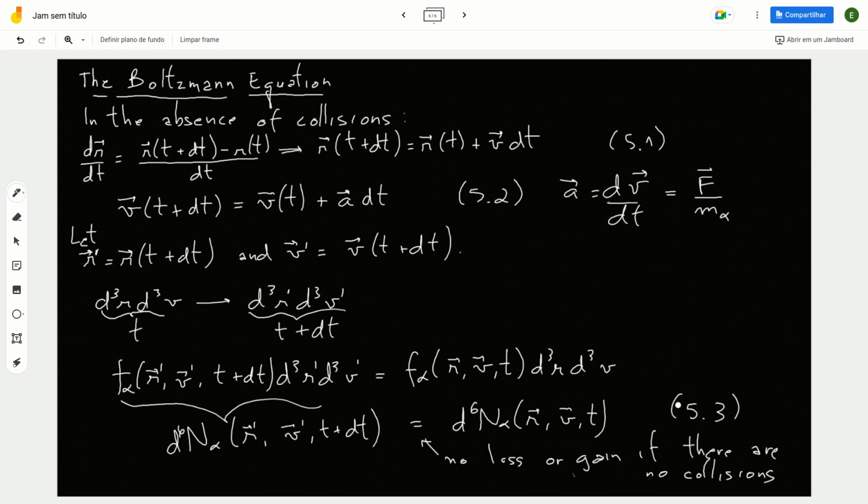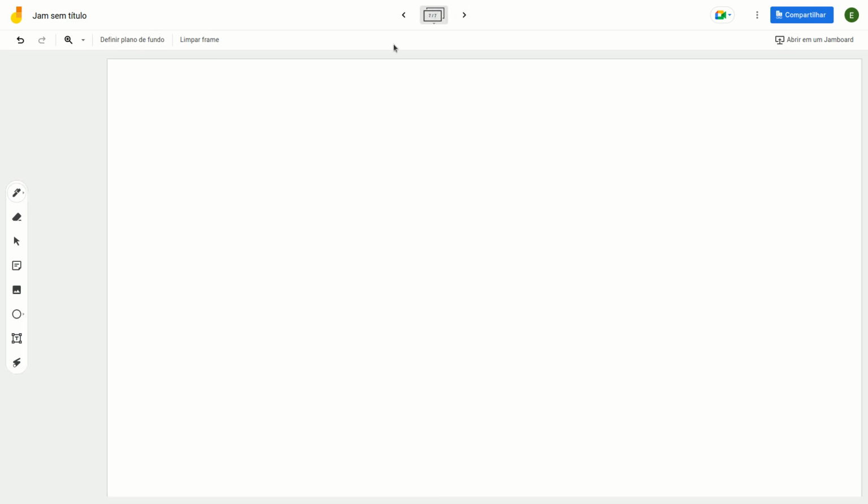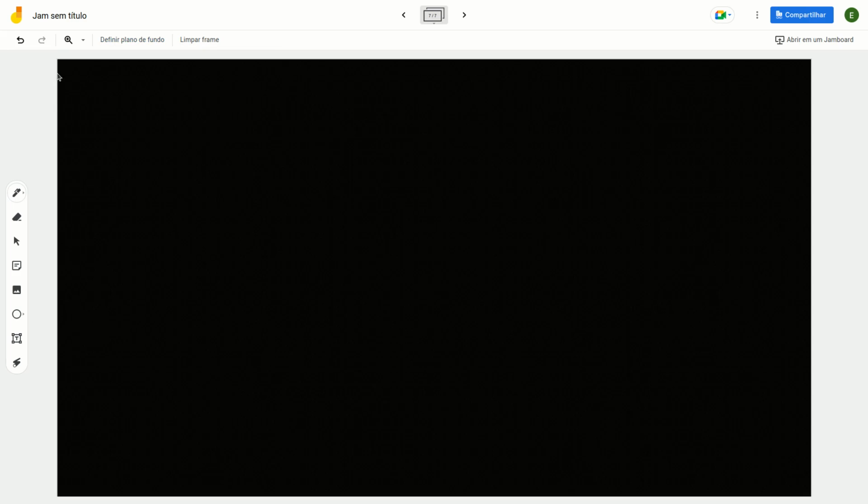Okay. But you know that the shape of the element will change with time, and it will change approximately by this amount. The new volume d3r prime d3v prime will be this quantity times the original volume.